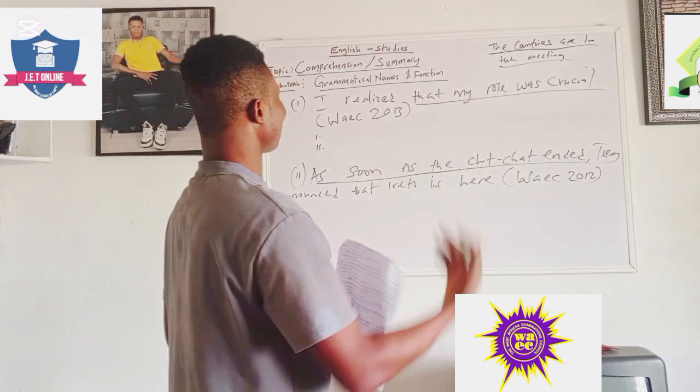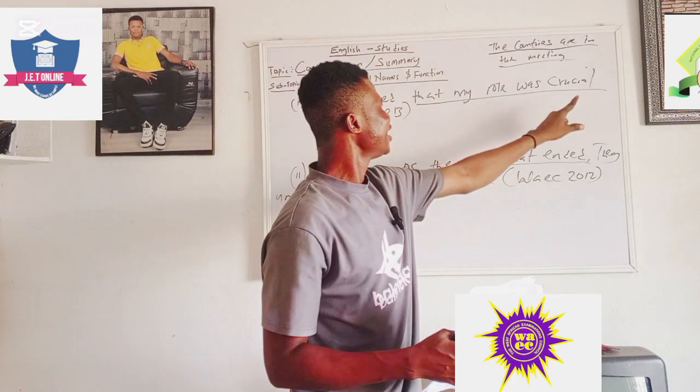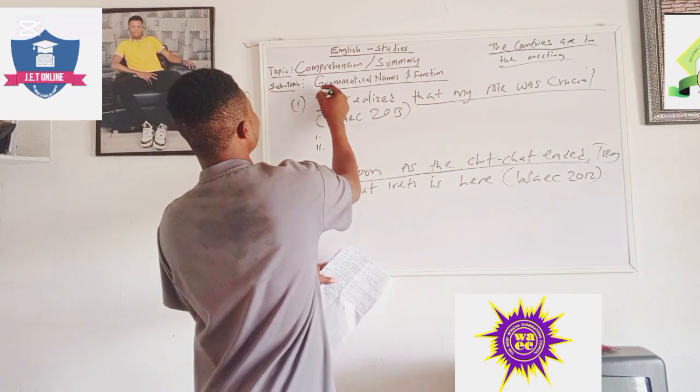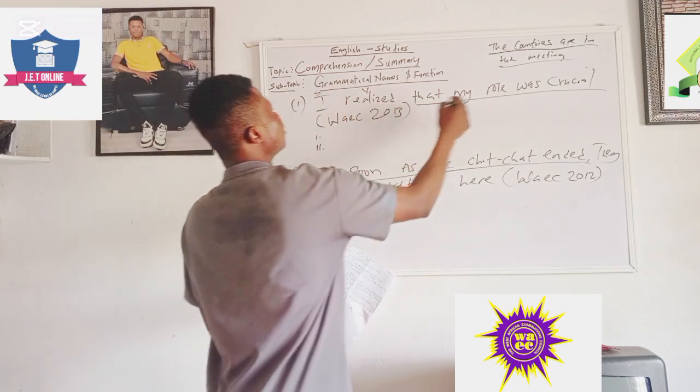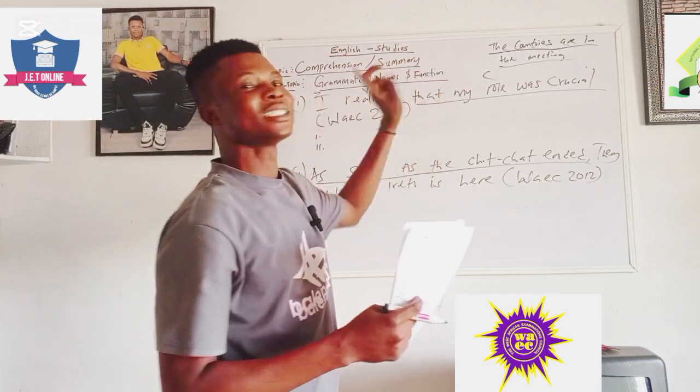Now, we look at what type of clause it is. The position of this expression is at the complement level. So if you look at the whole sentence, I is the subject, realized is the verb, and this is the what? The complement. So this expression is a noun clause.